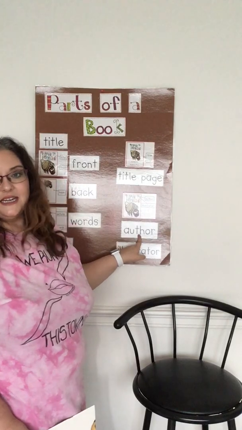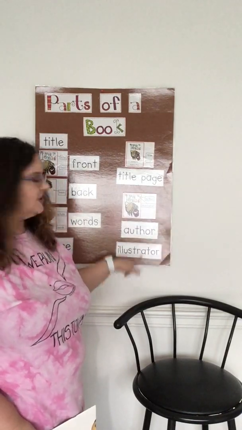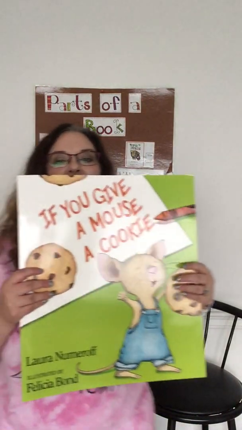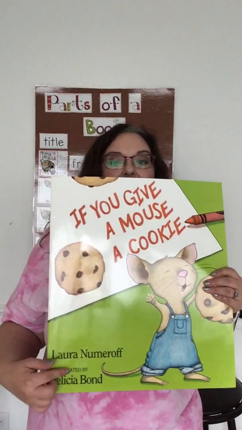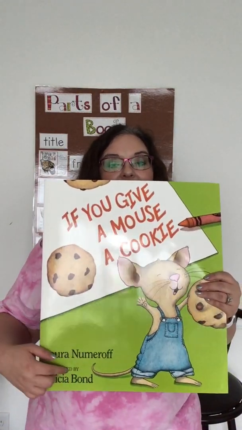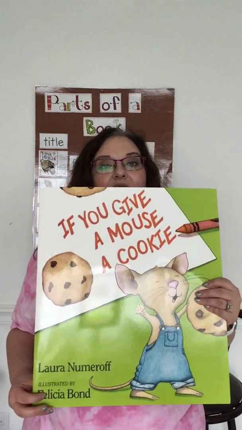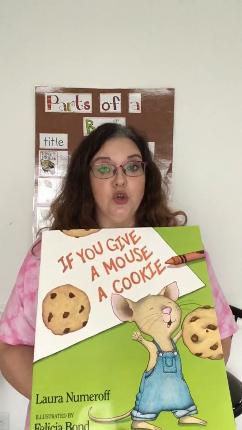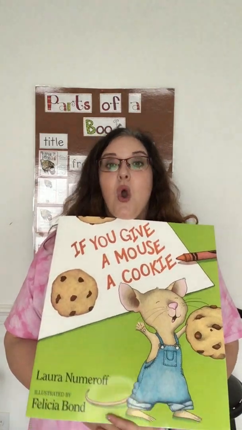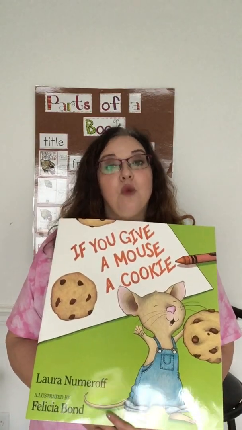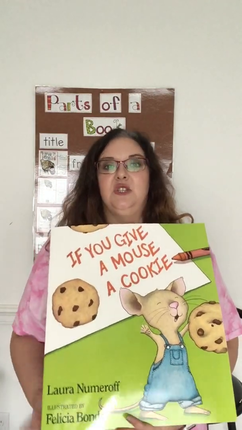It also is going to tell us the author and the illustrator, okay? So down here, the smaller print is the illustrator's name. The illustrator tells us who drew the pictures or the illustrations in the story. The author is going to tell us who wrote the words in the story.